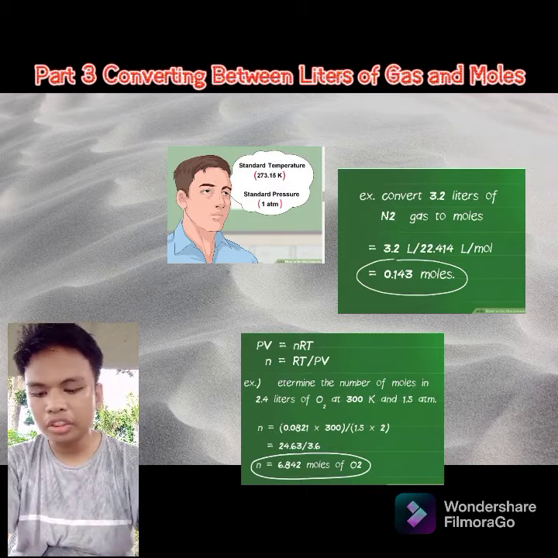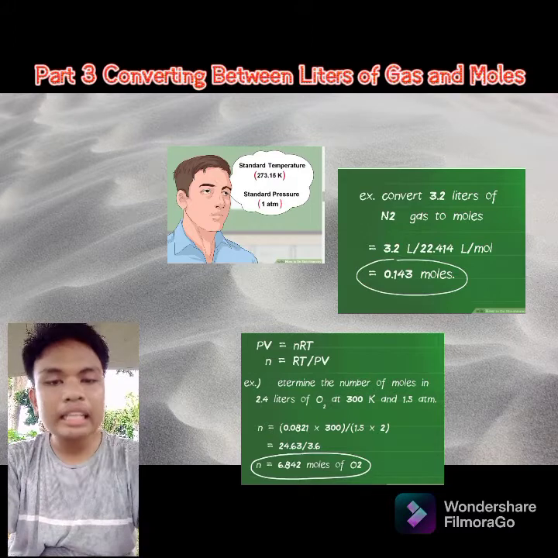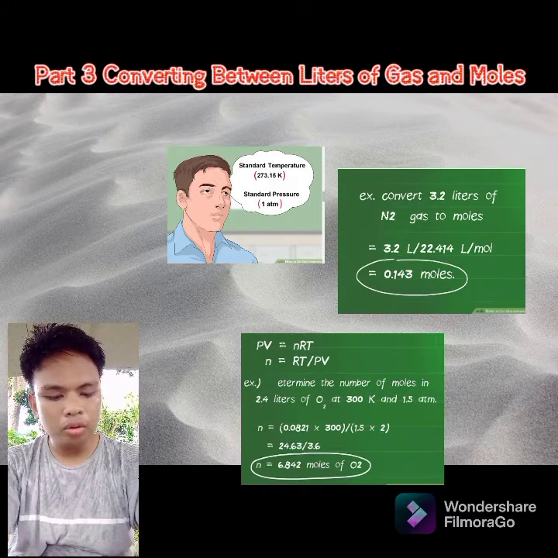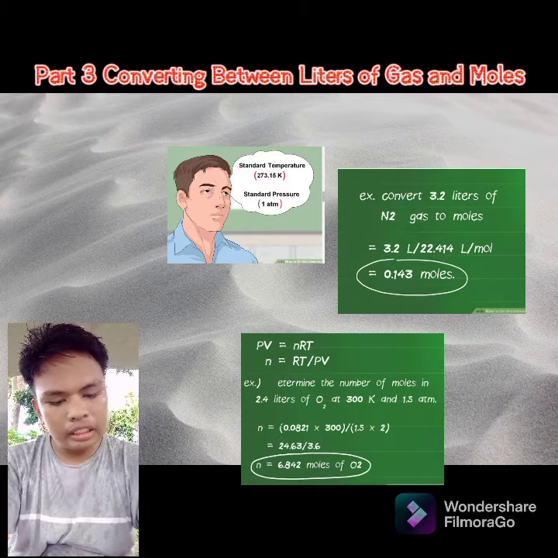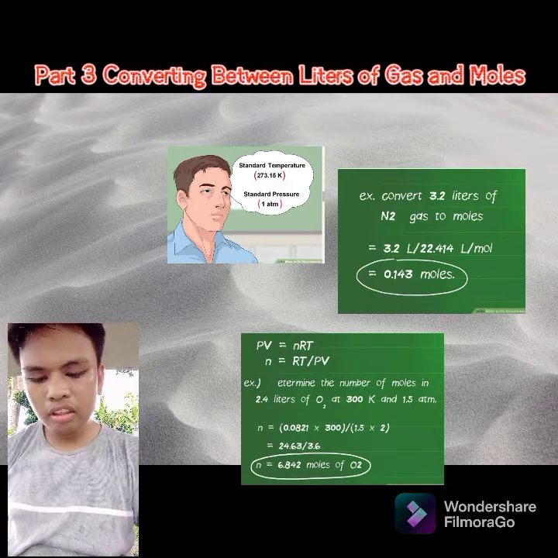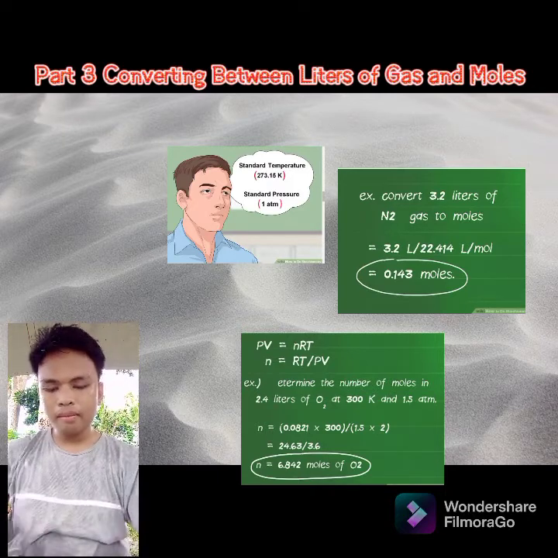For the last step, use the ideal gas law to convert liters of gas not at STP. The equation can be rearranged to solve for moles: n equals PV divided by RT. The units of the gas constant are designed to cancel out the units of the other variables.